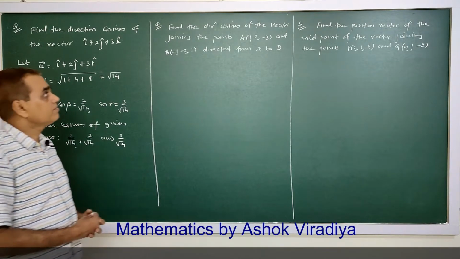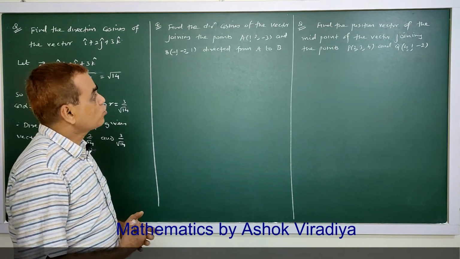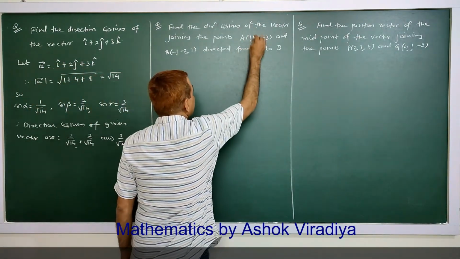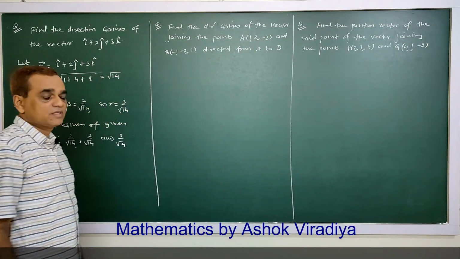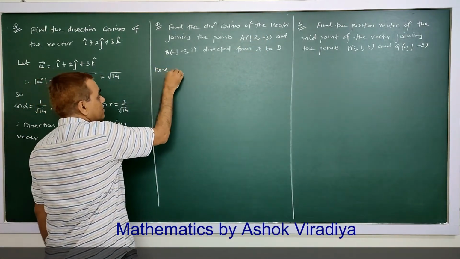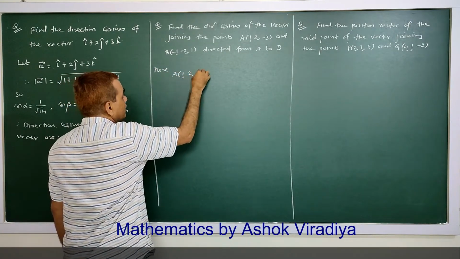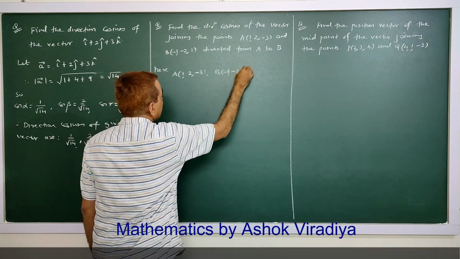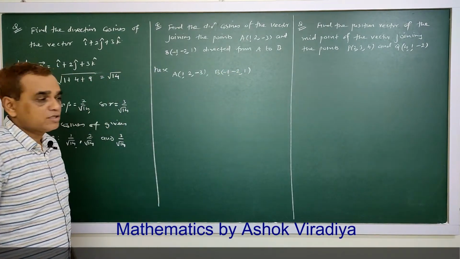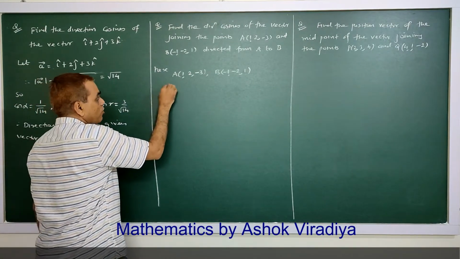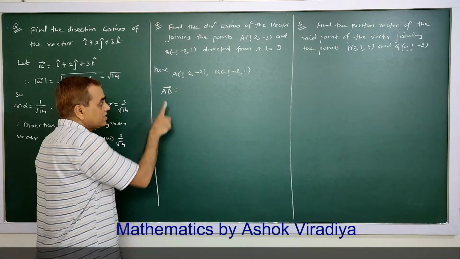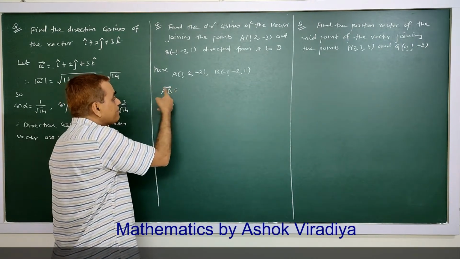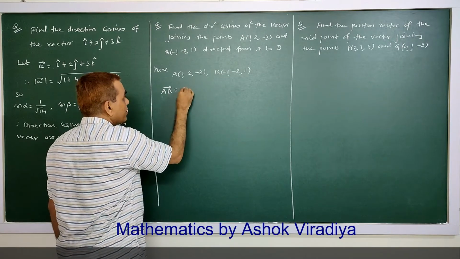Now here, find direction cosines of a vector joining points A and B. So here point A is 1, 2, minus 3 and B is minus 1, minus 2, 1. First of all we find the vector joining these points. Vector AB is, see, B is the terminal point, A is the initial point. So the method is terminal point minus initial point.